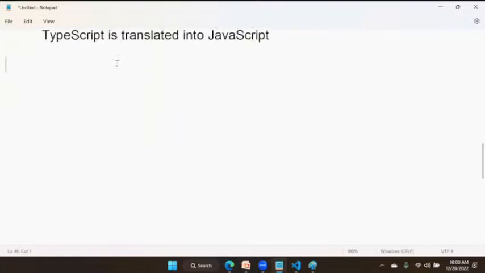Actually, to work with TypeScript, you need to understand another very important concept, that is the TypeScript architecture: how TypeScript actually works, what it contains. We will see the basic architecture of TypeScript, right?